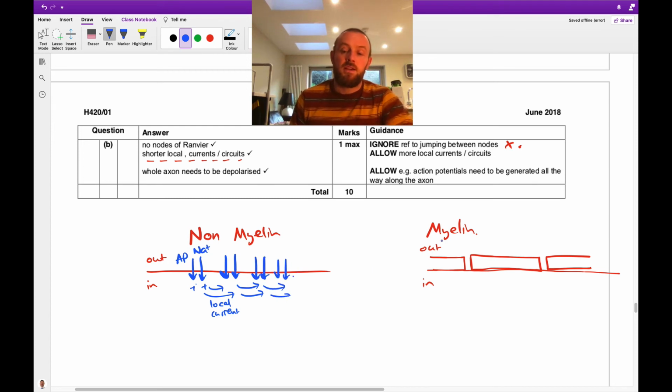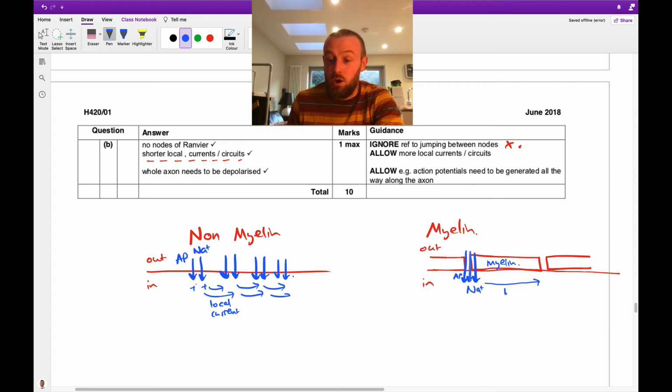Okay. With saltatory conduction, if we have an action potential right here at this node, we've got lots of sodium flooding in. And because this is myelin here, this insulates the charge inside the axon, so that this flood of sodium inside here is sufficient to set up a current that will depolarize over here.